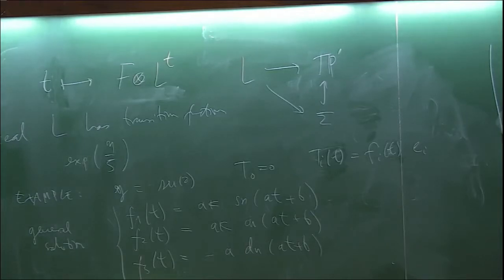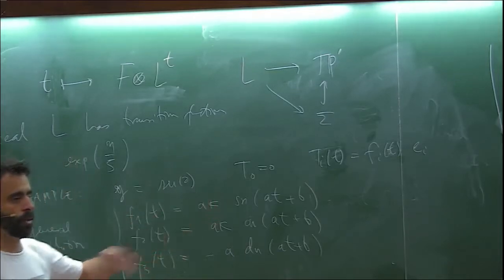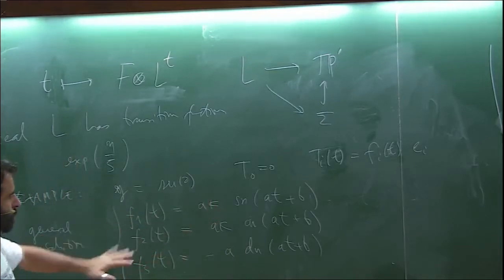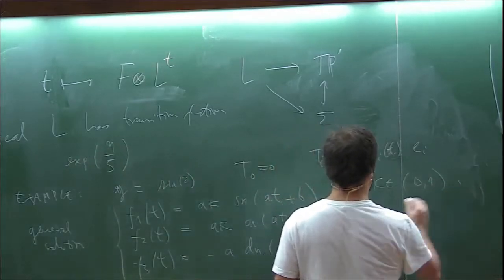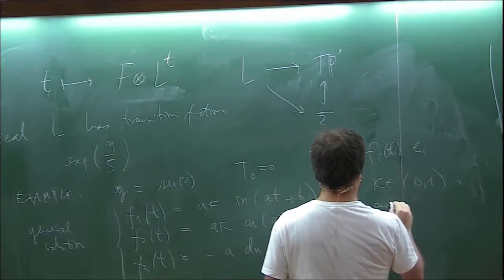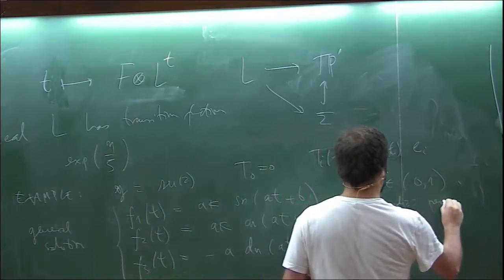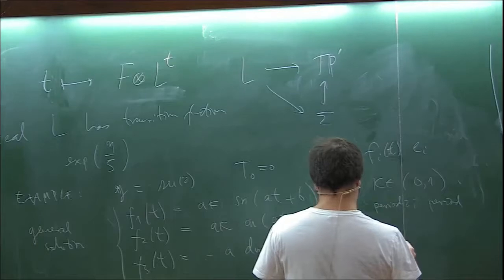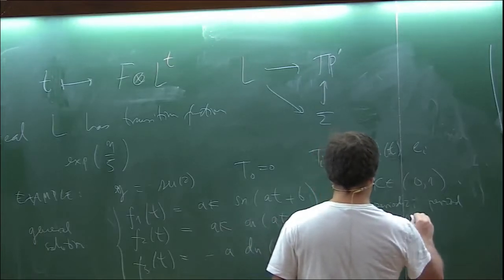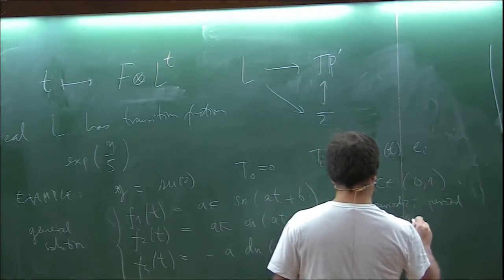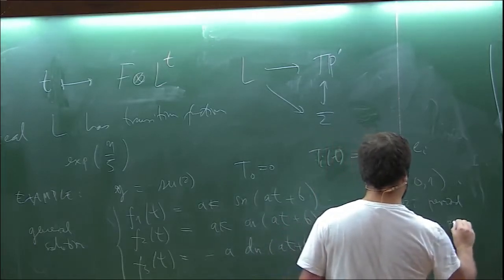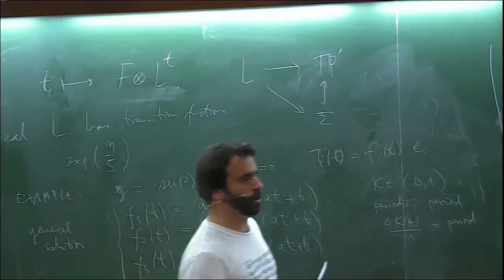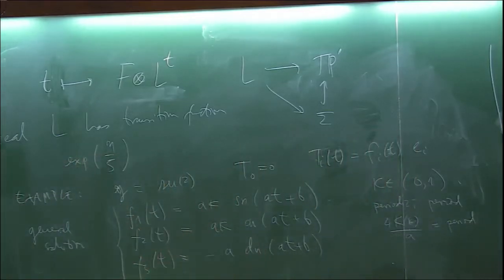This is periodic. When kappa is not 1, it's a periodic solution, and that's why you get this global regularity.